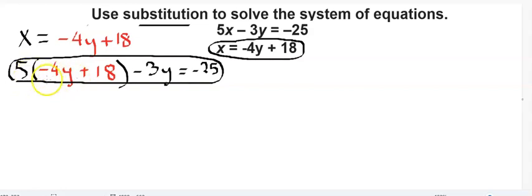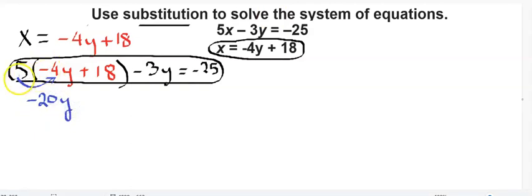To solve for y in this equation, the first thing is we can't do anything inside the parentheses. So I'm going to distribute the 5 to everything in here. Not just 5 times negative 4y, but also 5 times positive 18. 5 times negative 4y gives you negative 20y, because a positive times a negative is a negative.